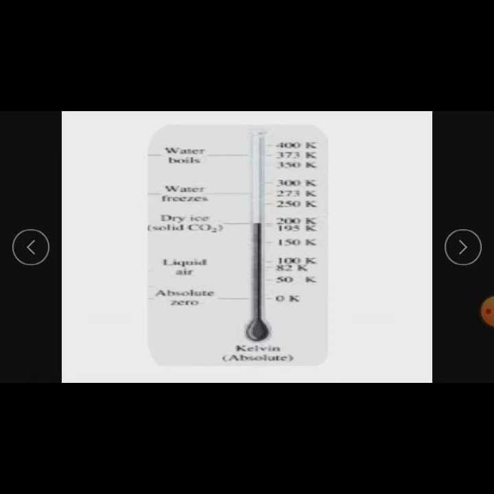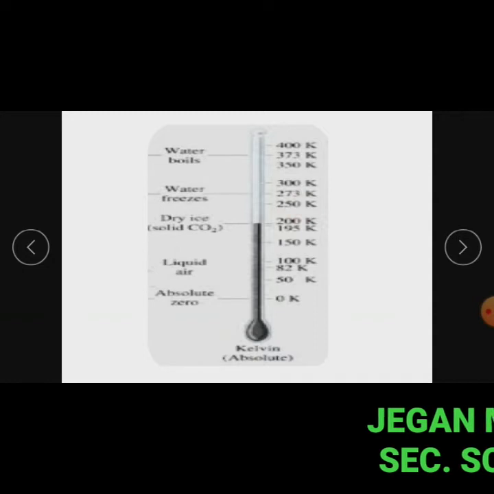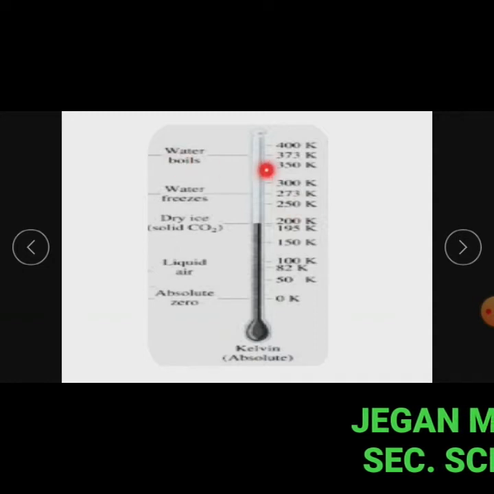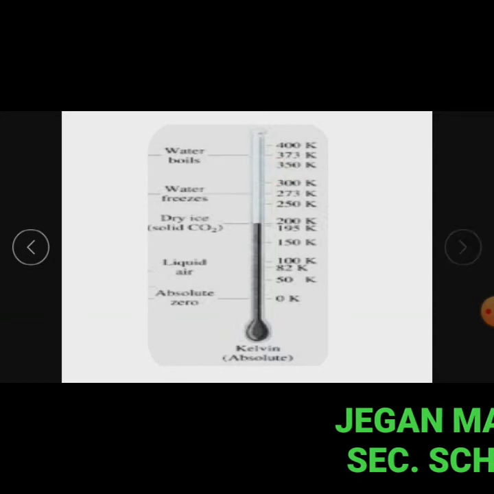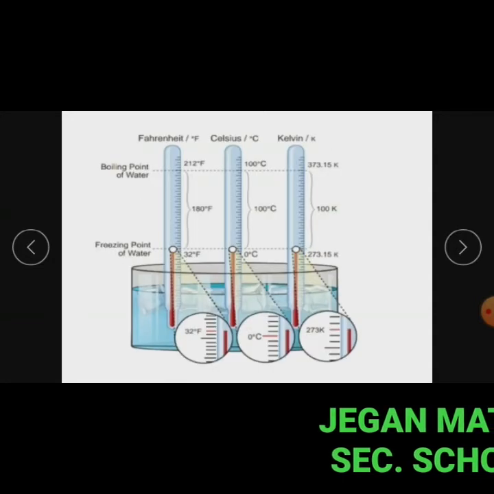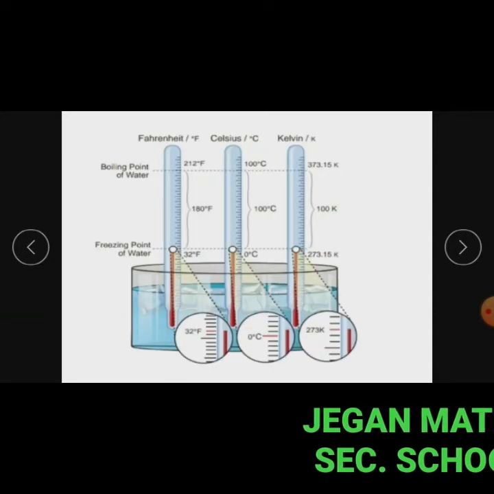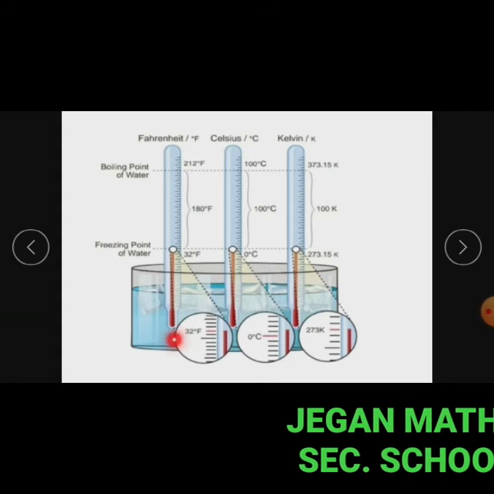Kelvin scale starts from absolute zero Kelvin. Freezing point of water is 273 Kelvin and boiling point of water is 373 Kelvin. Here the three scales of thermometer are shown.